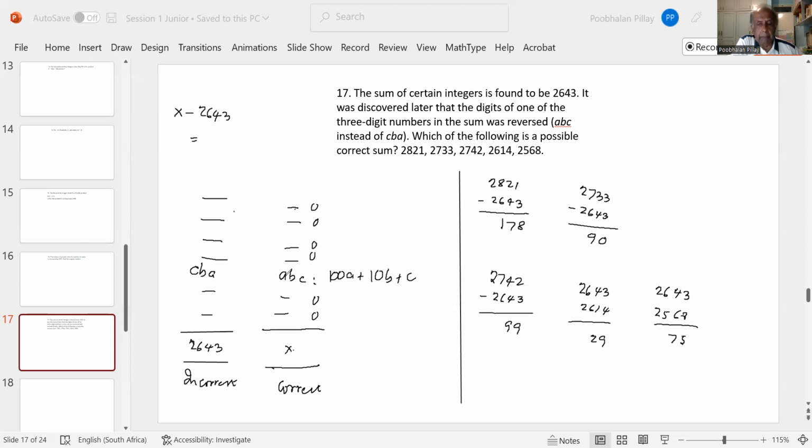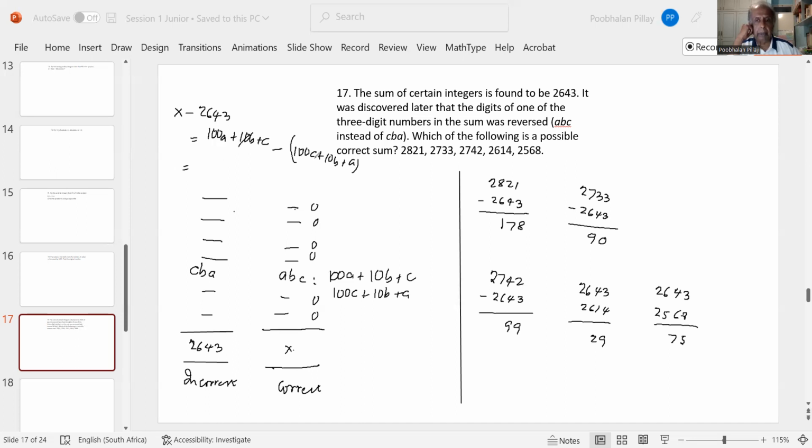And you're subtracting that one, which is 100C plus 10B plus A. So x minus 2643 is this minus this. All the others are 0. So you subtract those two. What do you get? You get 100A plus 10B plus C minus, in brackets, 100C plus 10B plus A.